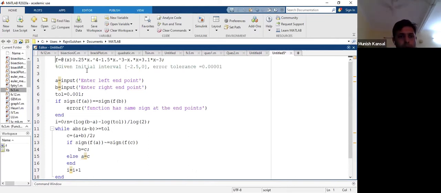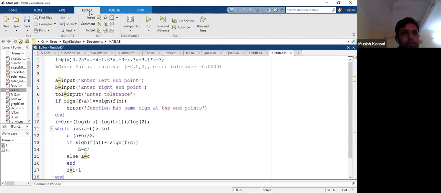So the interval is minus 2.5 comma 0 and the error tolerance is 0.001. You can also take the tolerance in the form of input here. So let me write down the more general formula for you. You can write down here, enter tolerance, right? Okay, so I think the code is complete.